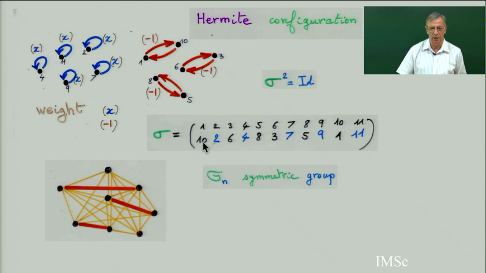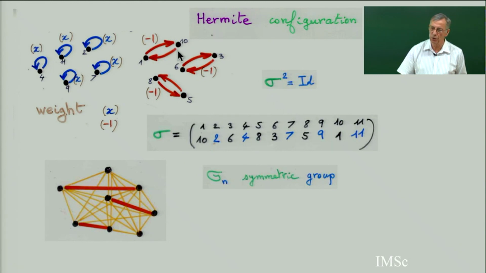You see here, 1 goes to 10, and 10 goes to 1. And you have fixed points, like 4 goes to 4, in blue. I have written the fixed point, sigma of i equals i, and in non-black it's a pair.